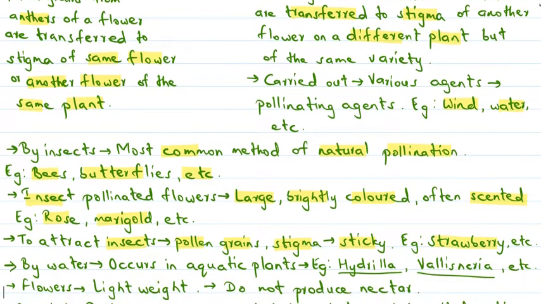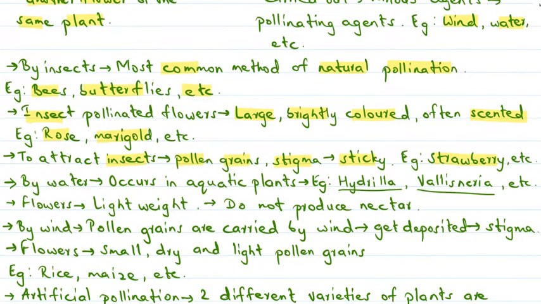Then the next pollinating agent we talked about was water. This type of pollination occurs in aquatic plants, for example hydrilla, vallisneria, etc. The flowers which are pollinated by water are usually light in weight so that they can easily float on the surface of water, and these flowers do not produce nectar.